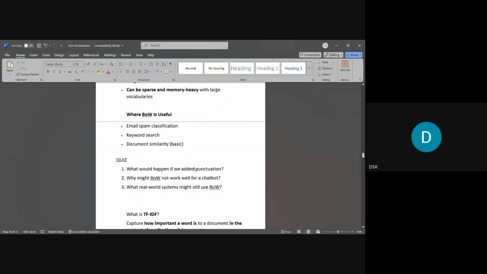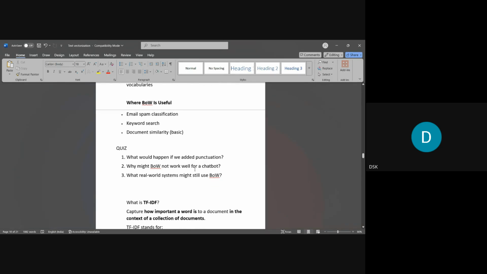So where is BOW useful in real world scenarios? That would be email spam classification, keyword search, basic document similarity. So I have a question.